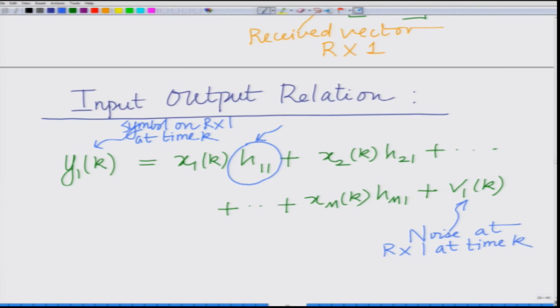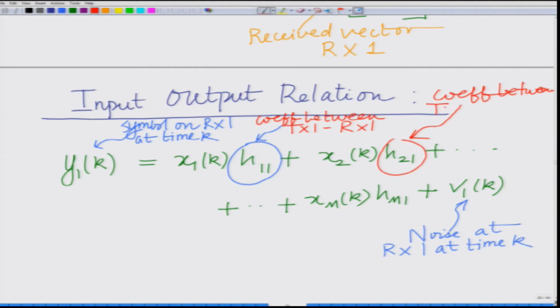So H11 is the coefficient between Tx1 and Rx1, H21 is the coefficient between Tx2 and receive antenna 1.